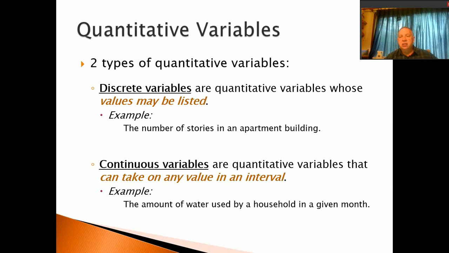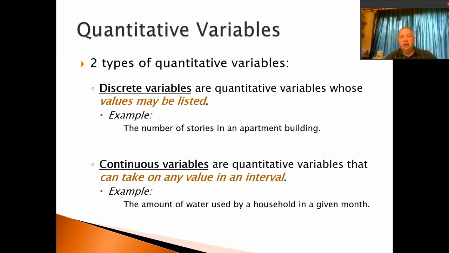If I'm talking about a continuous variable, then I really can't list all the numerical values that they obtain. Consider the weight. If you take an average person going 170 pounds, is it 170, 170.1, 170.11, 170.111?